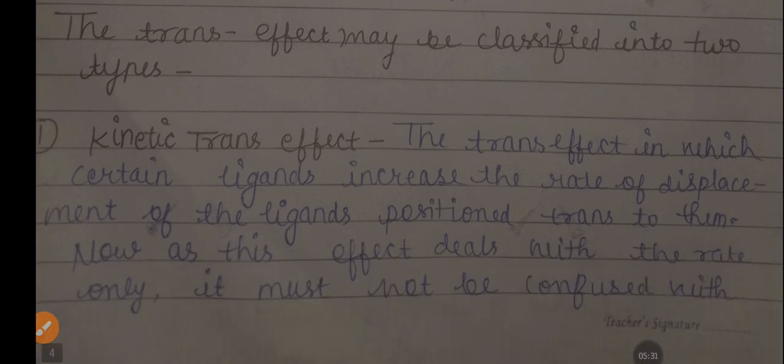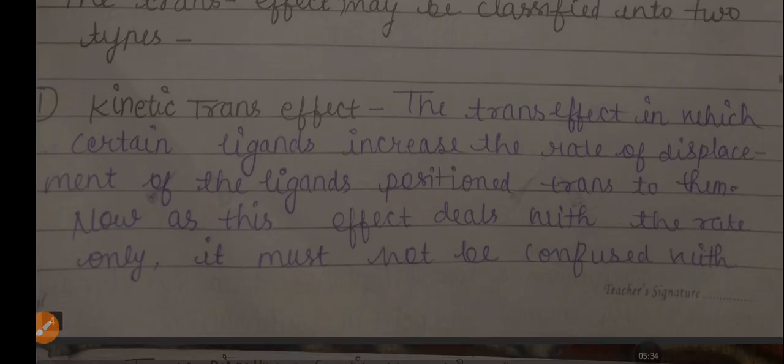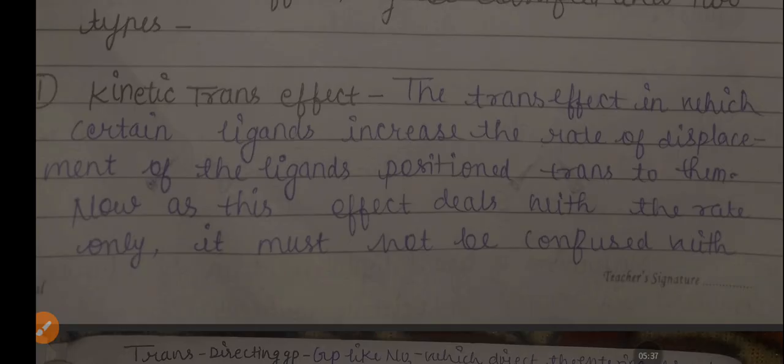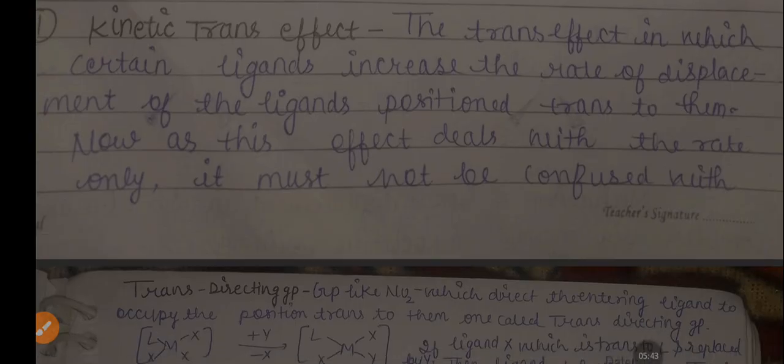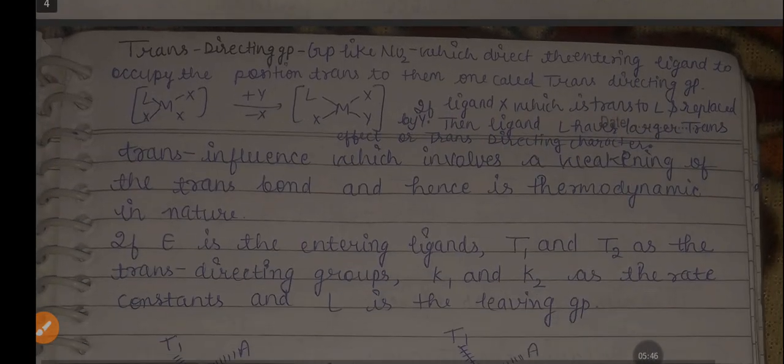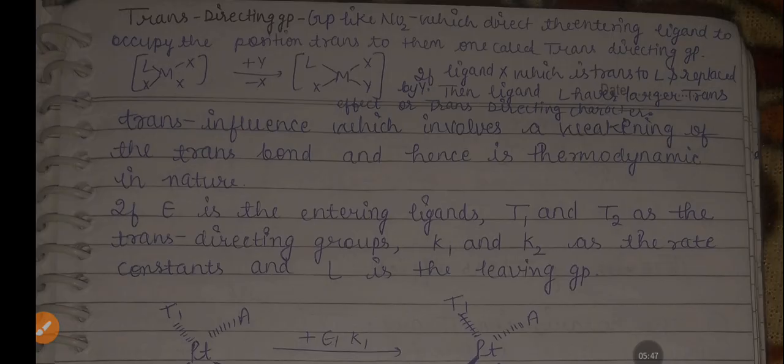Kinetic trans effect: the trans effect in which certain ligands increase the rate of displacement of the ligands positioned trans to them. As this effect deals with the rate only, it must not be confused with trans influence, which involves a weakening of the trans bond and hence is thermodynamic in nature.